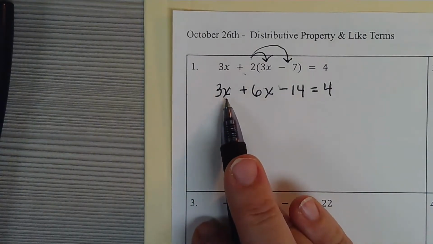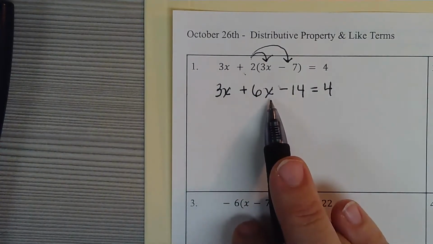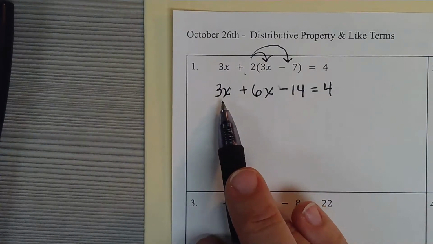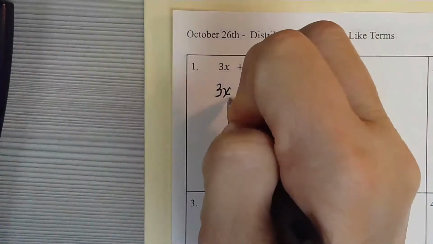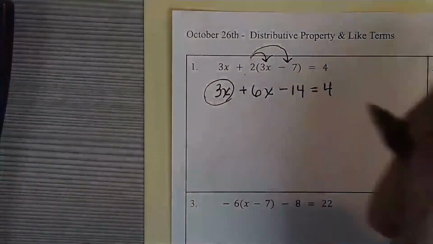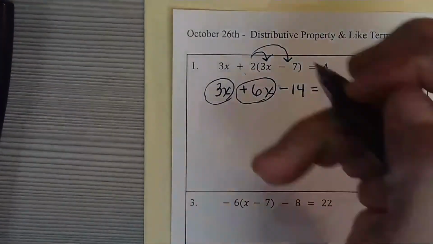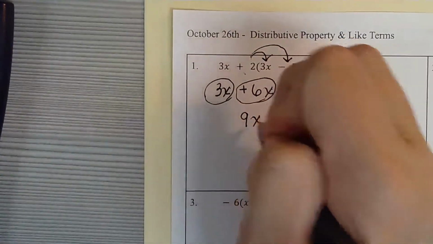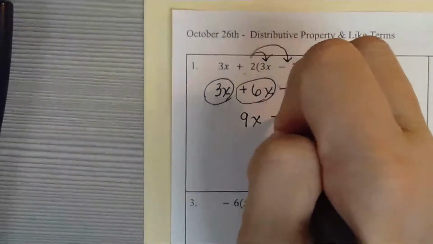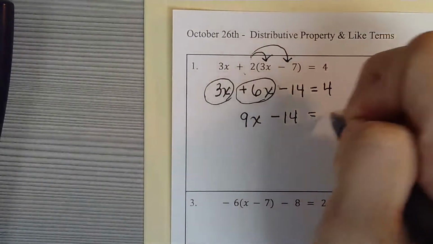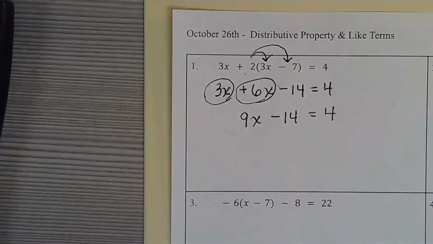So this has an x, this has an x, neither x has an exponent. Technically, the exponent is a 1, but we don't show that. Okay, so we can combine 3x and 6x. 3 plus 6, 9x, minus 14 equals 4.